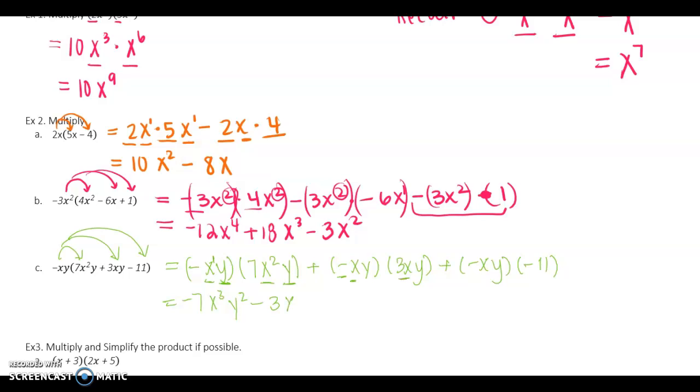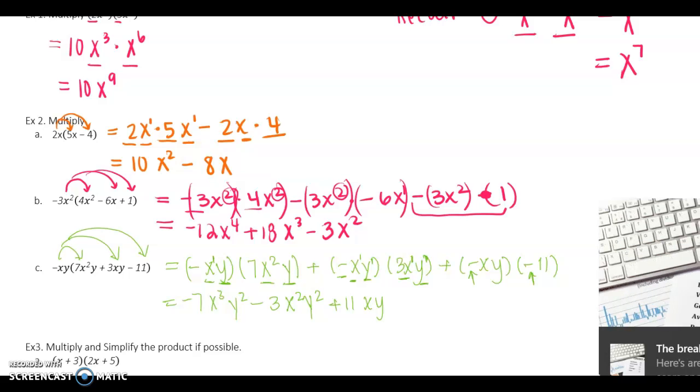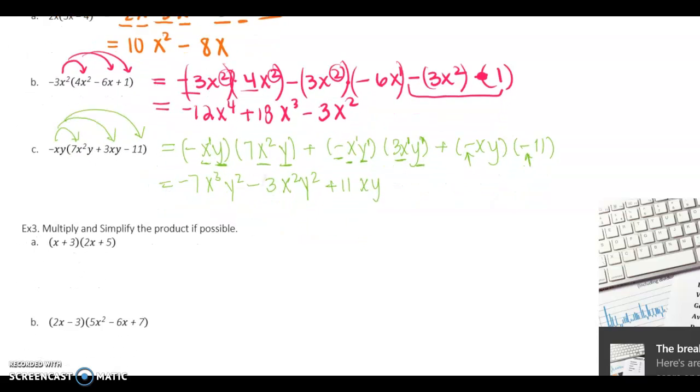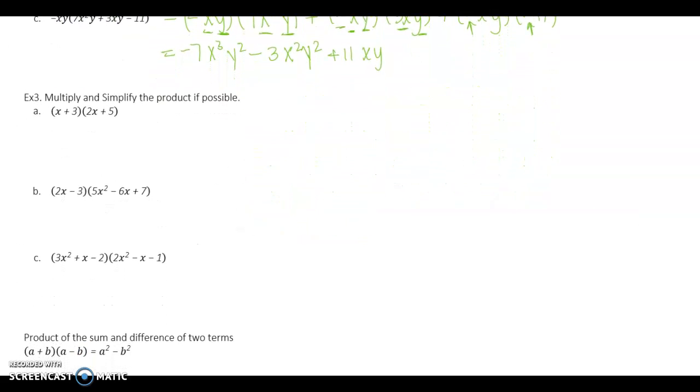So that would be x squared, because that's 1 plus another 1. And then y and y, that's 1 plus 1, so it's y squared. And then lastly, a negative 1 times a negative 11 is a positive 11. And then there's no other x's and y's, so you just attach that. And you are done.